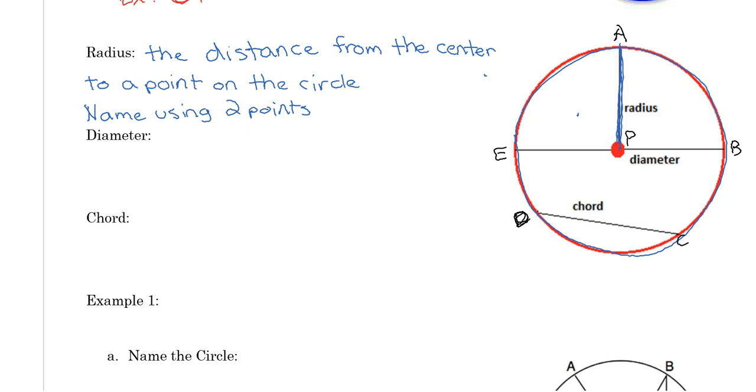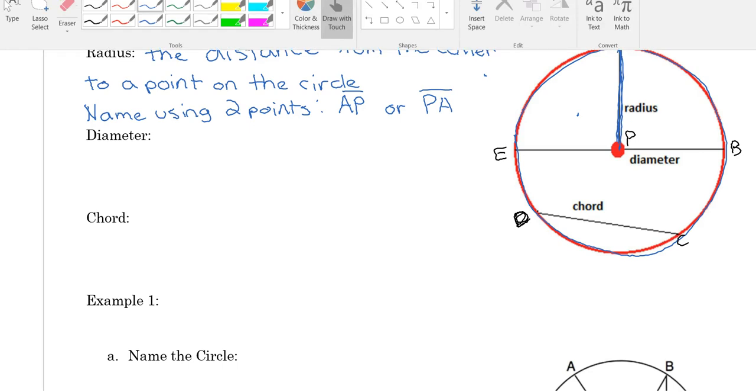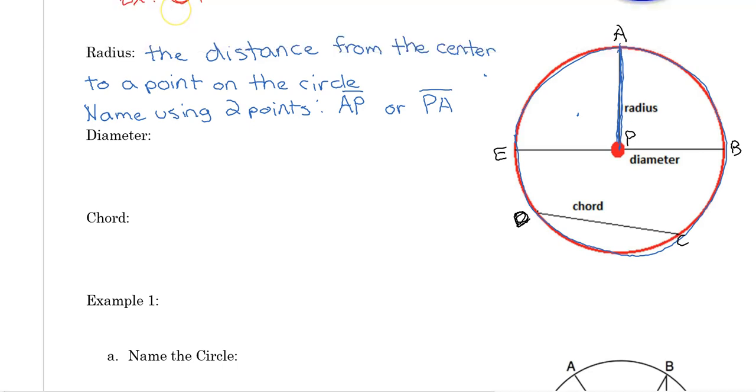For example, I can name this AP, and a radius is a line, so I just put a line over AP. Or I can name it PA, going the other way. So AP or PA, those are both the same radius.